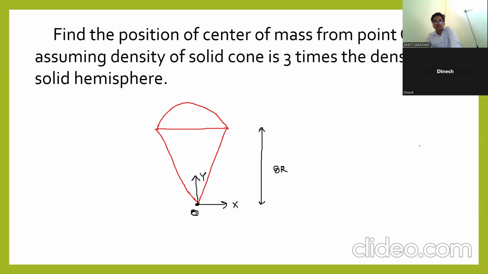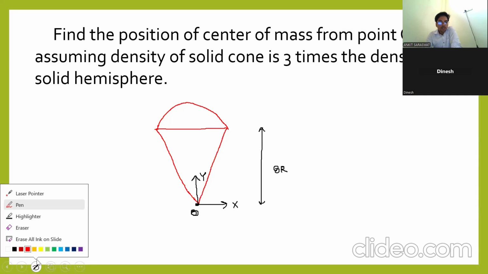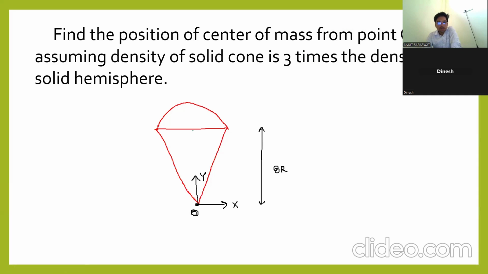Check the notes and tell me where is the center of mass of the solid hemisphere. So 3r/8 from the center of the solid hemisphere. But where is my coordinate axis? Here.